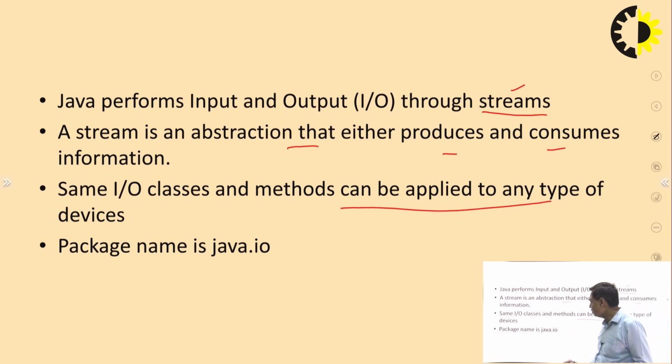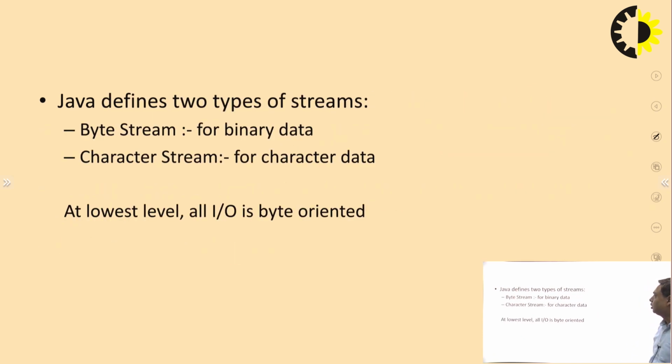The package that you are going to include in Java for input output is java.io. IO means input output. Now there are two different types of streams. One is the byte stream, the second is the character stream. Byte stream is used for binary data, character stream is used for character data.